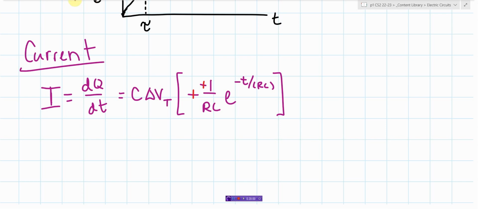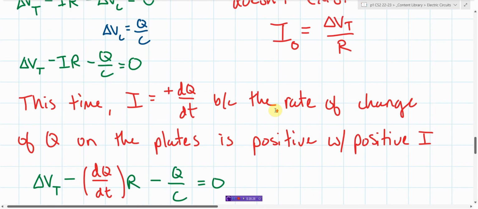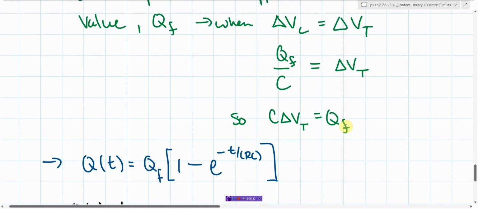If I smush them together, I've got C delta VT over RC as my constants, and then my e to the negative t over RC. Then the capacitance cancels out, and all I'm left with is delta V over R, which, way back up here, we said was I naught, the initial current.